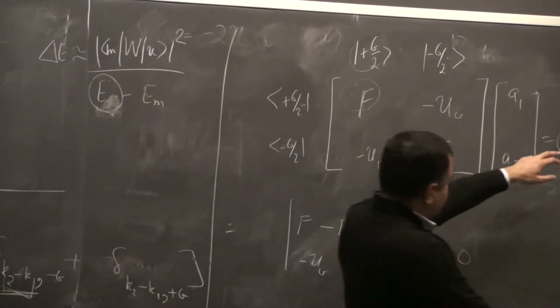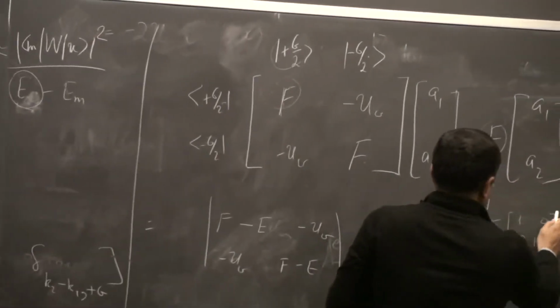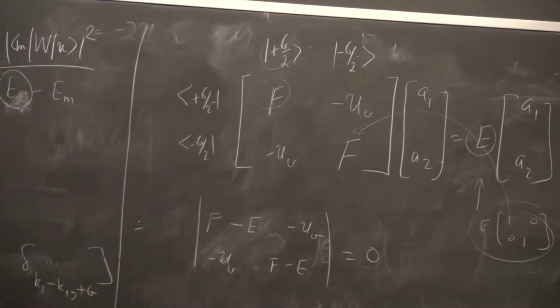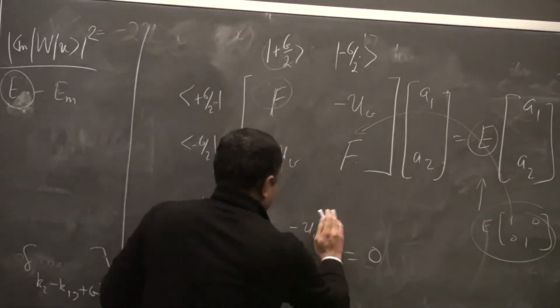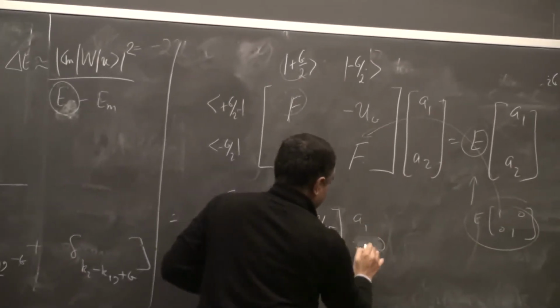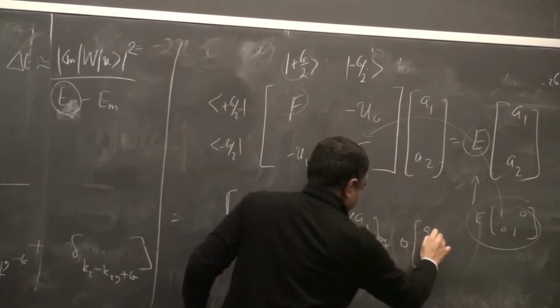So what I did was, in case it's not clear, I multiplied by the 1 0 0 1 identity matrix, and then I took this and subtracted term by term elements from there on the left side. Then my equation is this times a1 a2 is equal to 0, right? The 0 times a1 a2 is just 0.